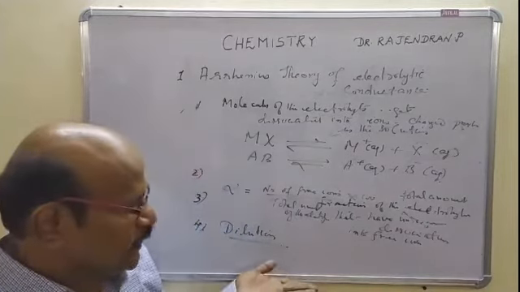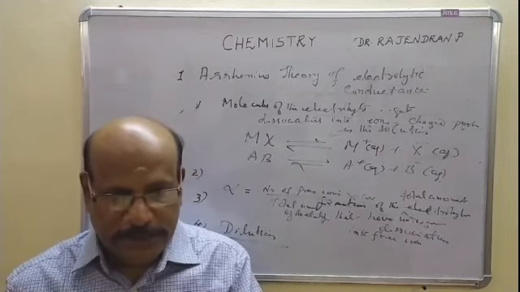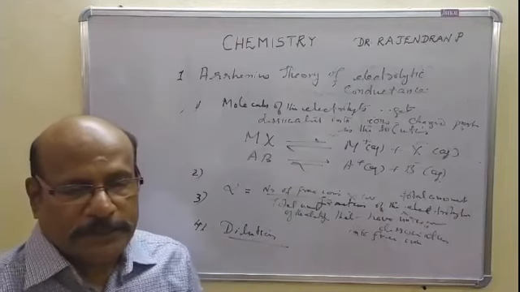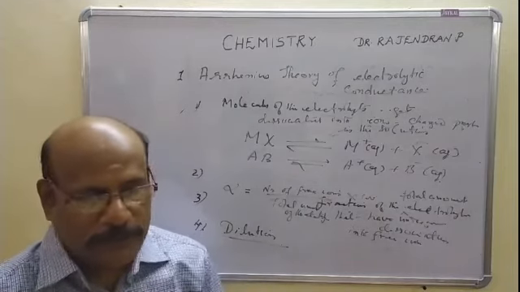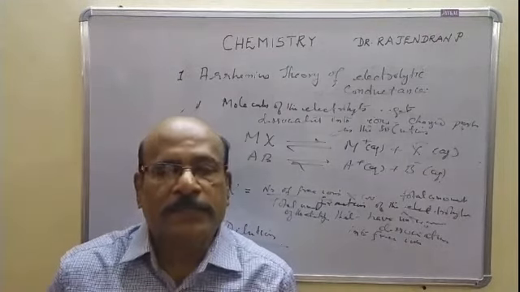So the effect of increasing the dilution of the solution is to increase the degree of dissociation of the electrolyte, thus producing more and more free ions in the solution, thereby increasing the molar conductivity of the solution.